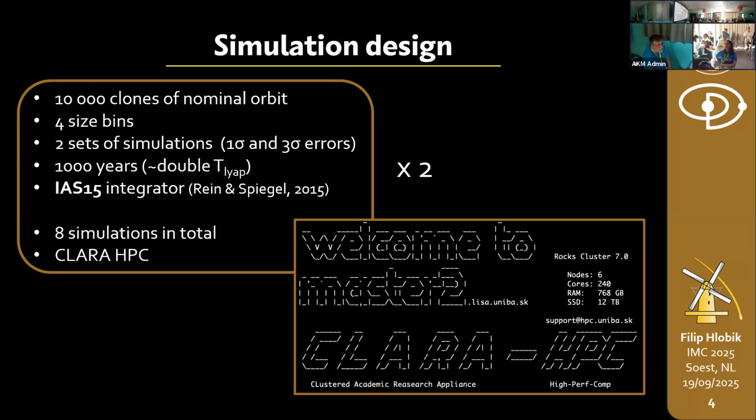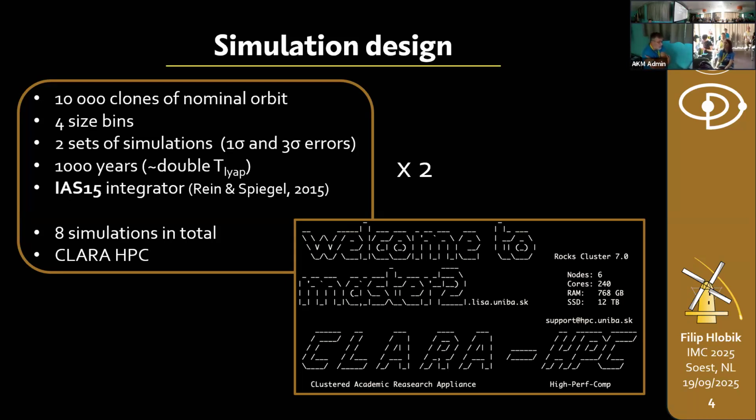For all those 4 size bins, they were doubled to get 2 sets of simulations, which differ in their clone generation. In one of the sets, we used 1 sigma errors for generating the clones of the nominal orbit, and in the second set, 3 sigma errors.